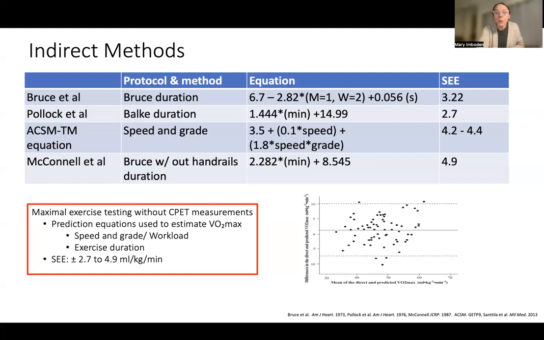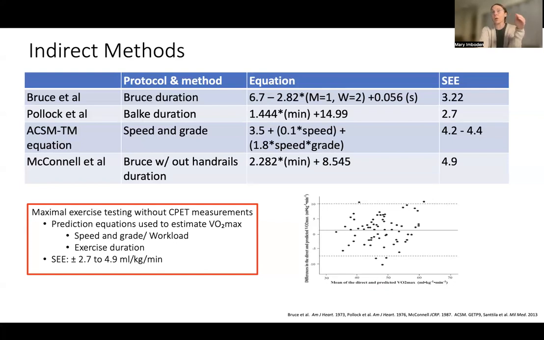So the Bruce equation that you're seeing, which is a very common test used in exercise physiology and in clinic, has someone perform exercise on a treadmill, and we actually can use the time in seconds that the individual performed the test from their stage protocol. Now, you do have to follow this protocol exactly, right?